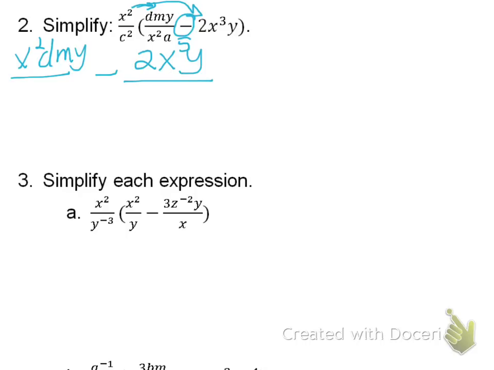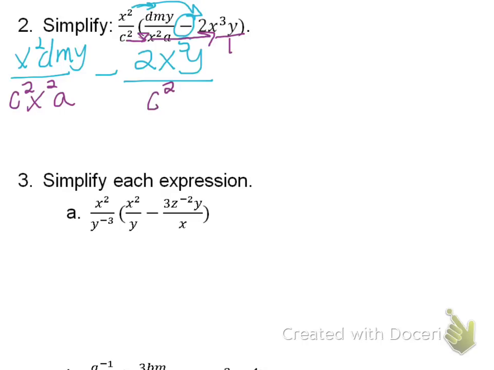Okay, then we can distribute the denominators. So c squared times x squared times a in the first term. And this one doesn't have a denominator, so we just assume that it's over 1. So then it would be c squared times 1, which is just c squared.